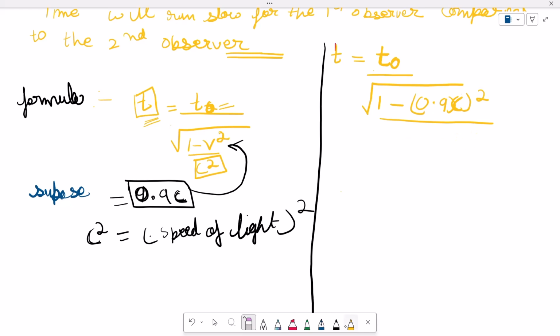You can directly write c squared, because this square will be cancelled. T0 divided by the square root of 1 minus 0.81 c squared divided by c squared. This c squared will be cut.